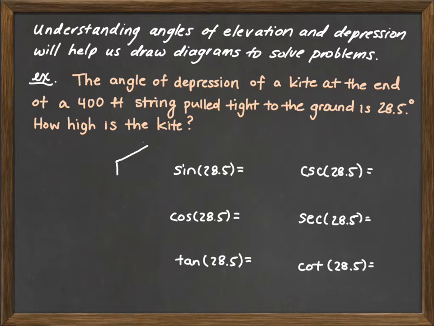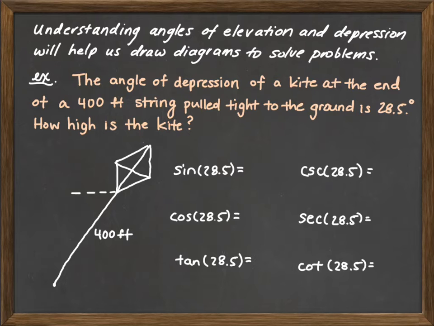We have a kite. It's being pulled by a tight piece of string from the ground, let's say, and we know that this string has a length of 400 feet. Now the angle of depression from the kite to the ground is 28.5.